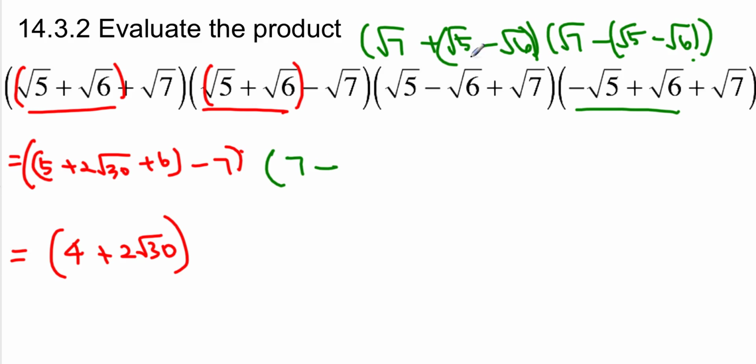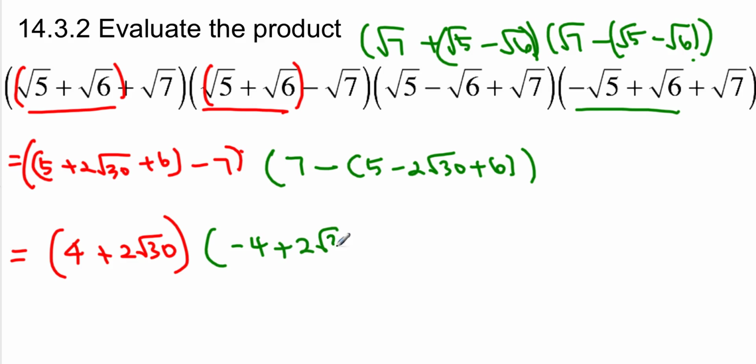Now minus radical 5 minus radical 6, squared, so we end up getting 5, minus 2 times these two product, which is radical 30, and then plus 6. Then 7 minus 5 minus 6 becomes negative 4. But negative becomes positive, so positive 2 radical 30.